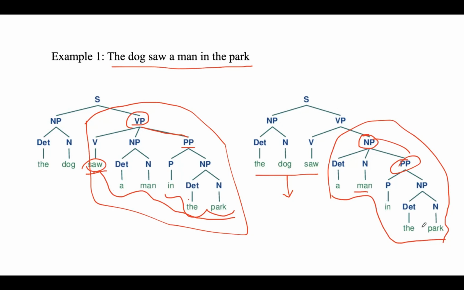The man is sitting or walking in the park, but the dog saw the man from somewhere. We don't know from where this dog saw the man, but it is clear that the man is in the park. In this way, we can generate more than one interpretation.